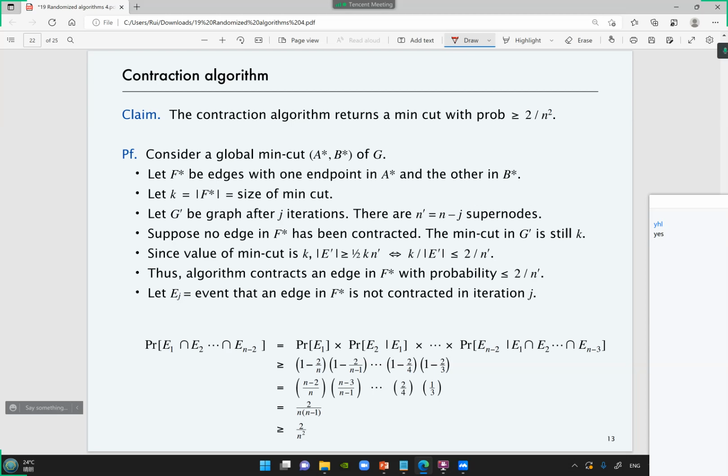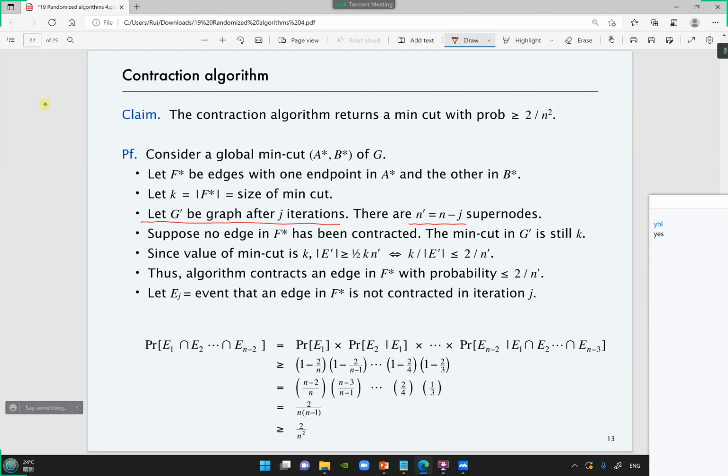All right, so let's look at what this probability is as you keep running this algorithm. Here, let G prime be the graph that you get after j iterations. After you've contracted j nodes, suppose you're left with a graph G prime. Since each iteration you take out one node and form a supernode with it, in G prime you have n minus j supernodes.